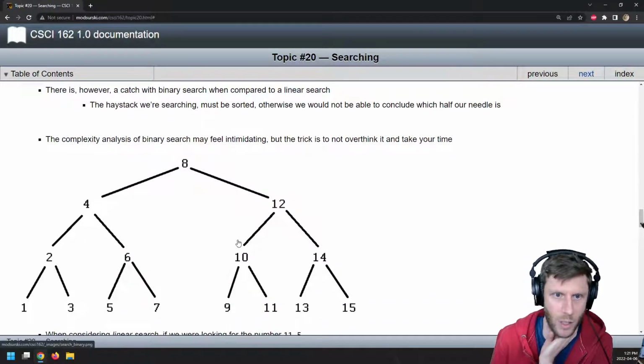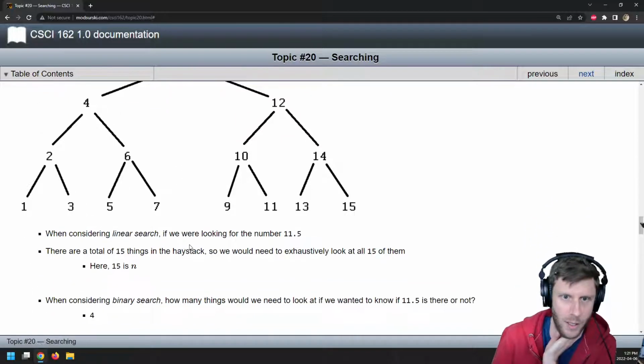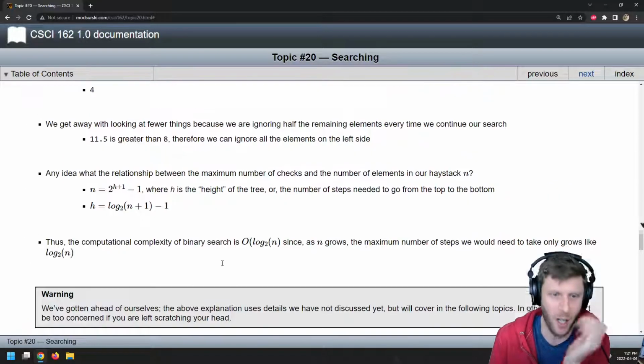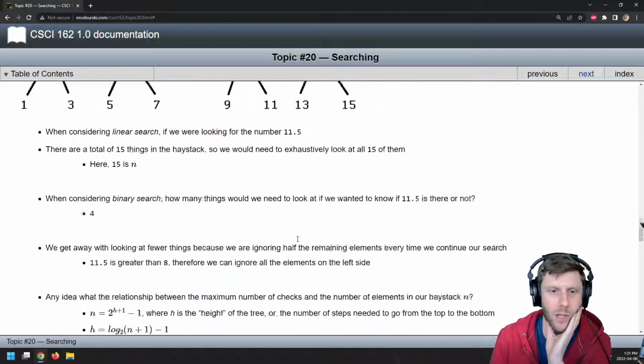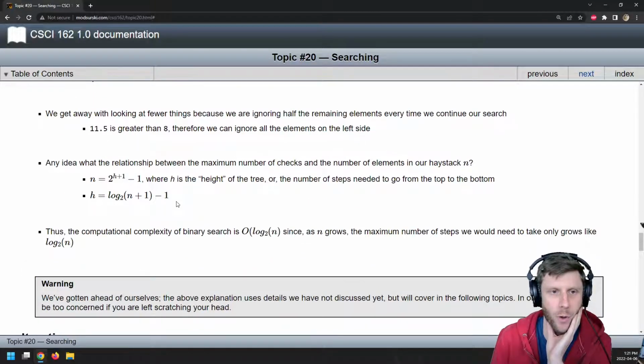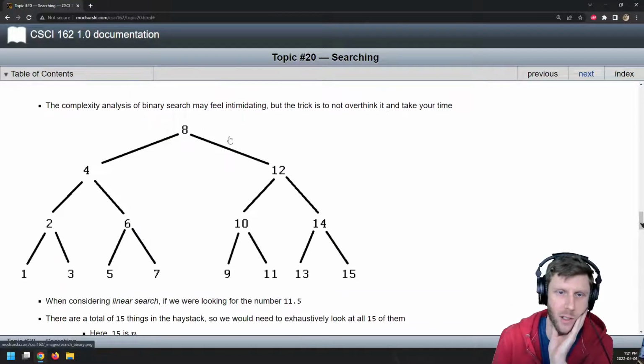So 8, 12, 10, 4. Let's see if we can plug that in. 2 to the power of 4 is 2, 4, 8, 16. Hold on. Number of steps needed to go from... Oh, I think we count this as 0, 1, 2, 3.